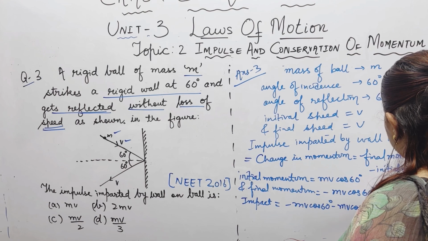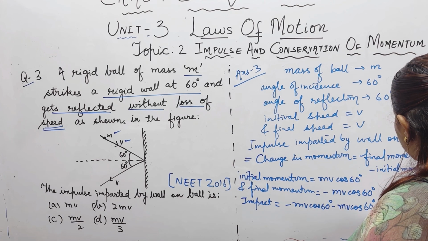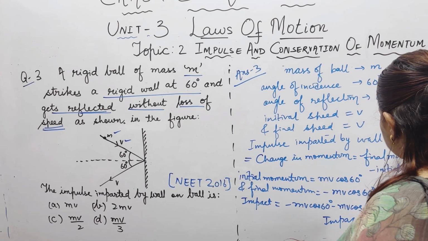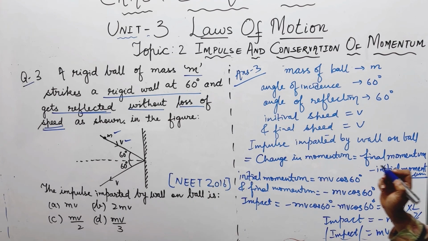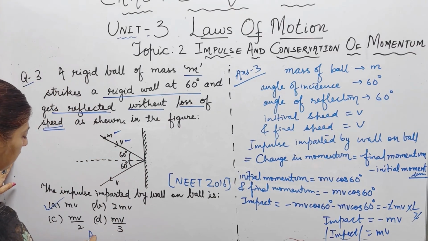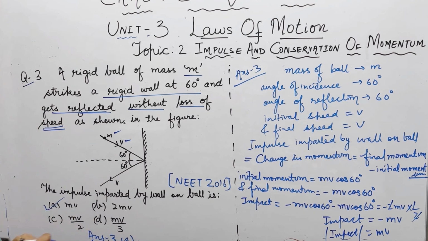So this thing is equal to minus 2 mv cos 60, which is 1 by 2. So here this minus sign is giving us the information that it is in opposite direction. Only direction has changed. There is no change in the magnitude. If we look at the magnitude of impulse, it is equal to mv, and it goes with option A. So answer for the third is option A, m into v.